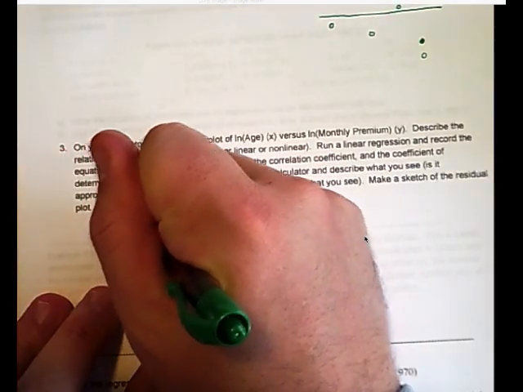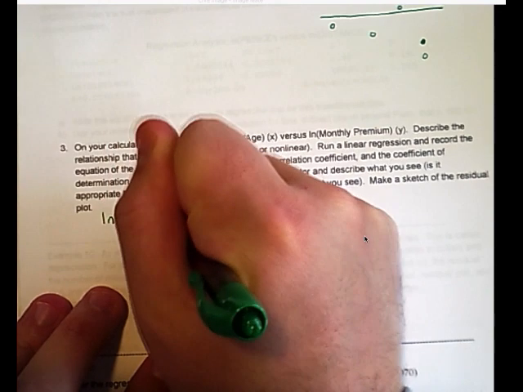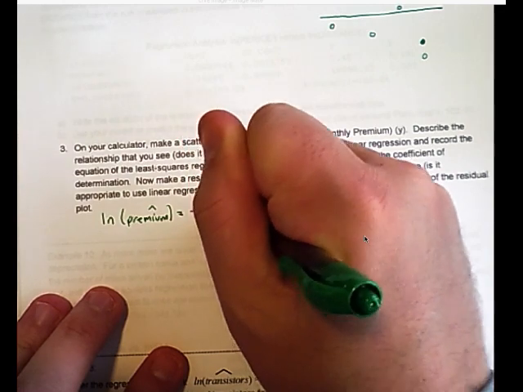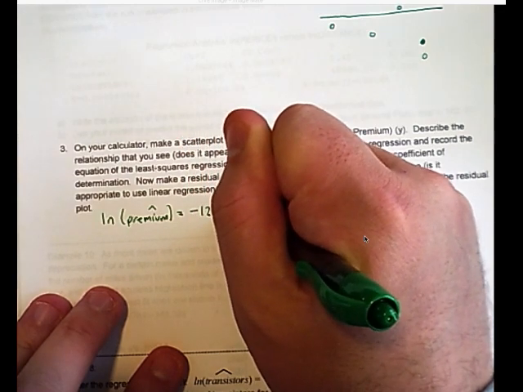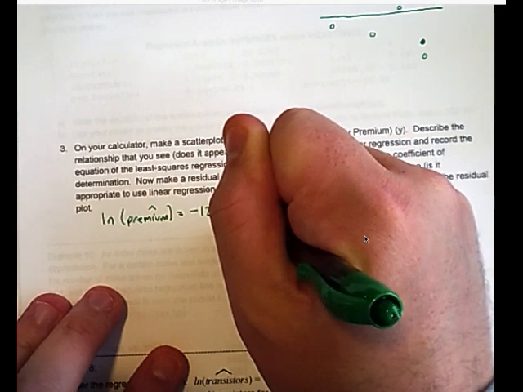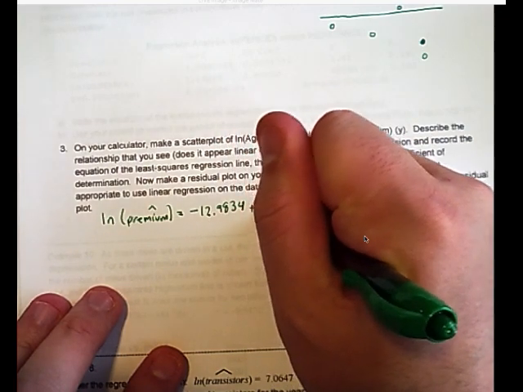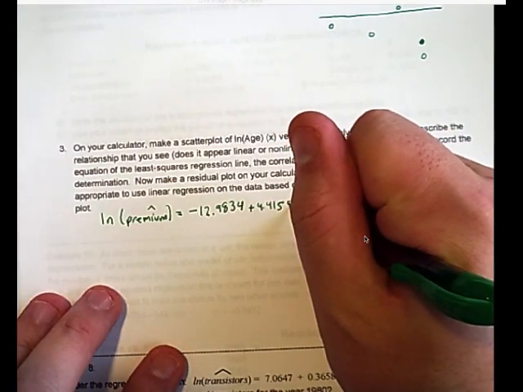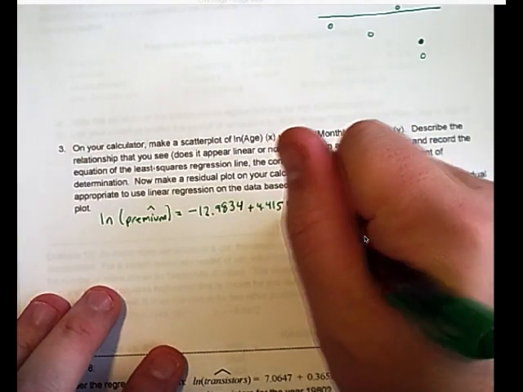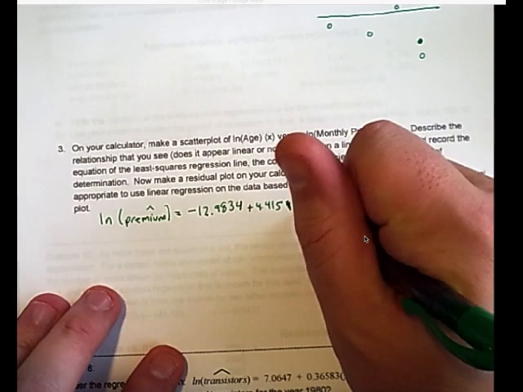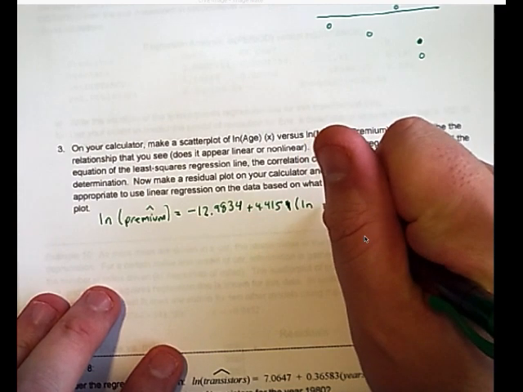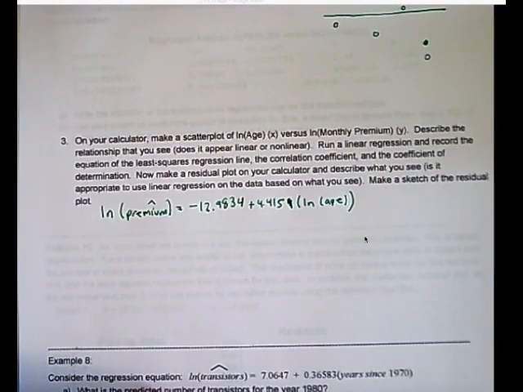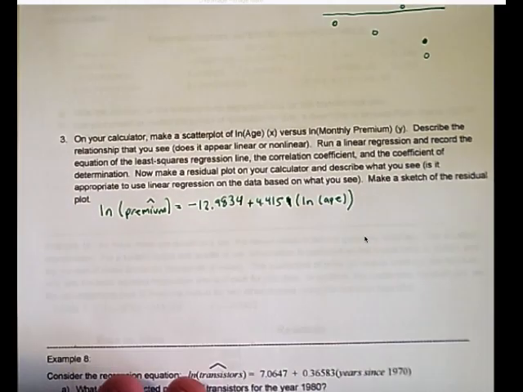So ln of predicted premium equals, and the equation from the calculator is negative 12.9834 plus 4.4159 times the ln of the x variable, which is age. So when you use ln, you've got to use that in the formula as well.